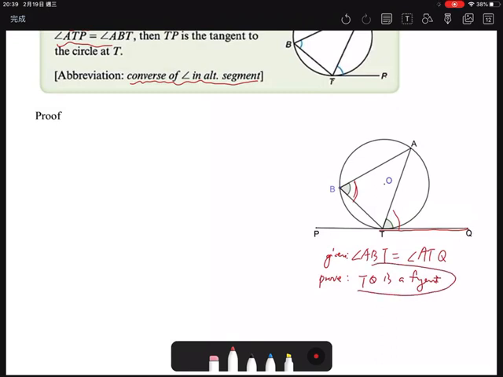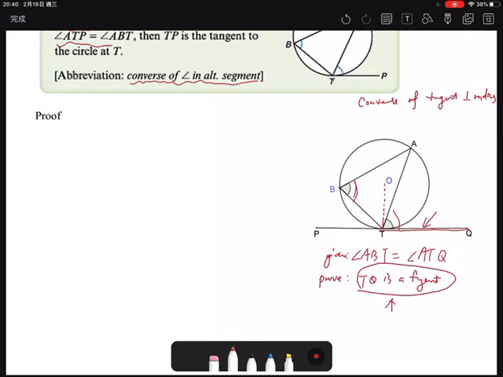So you have to recall the old knowledge that can help us to prove a straight line is a tangent. Up to now, we only learned one theorem that can help us to prove a straight line is a tangent. It is the converse of tangent perpendicular to radius.